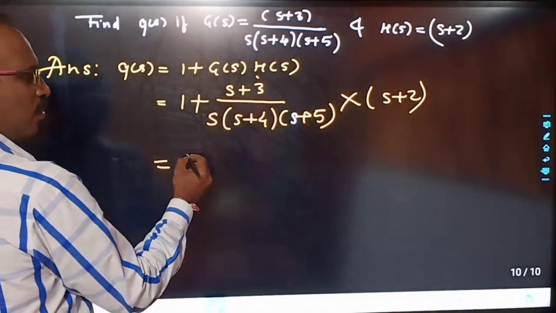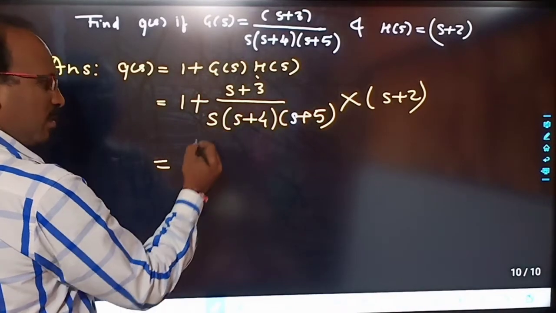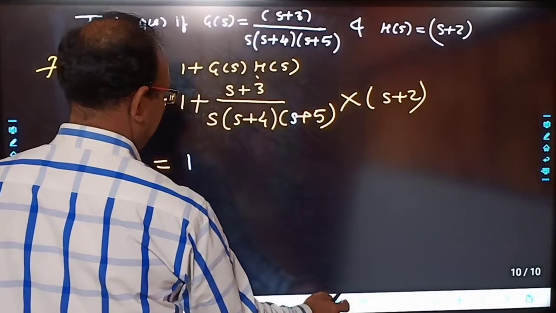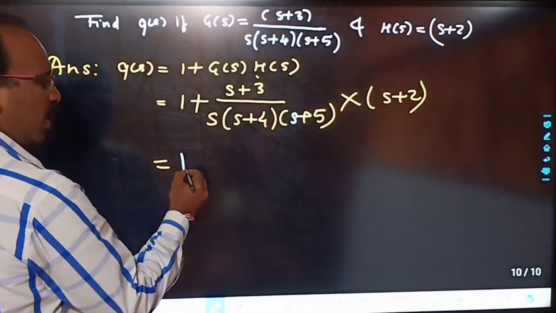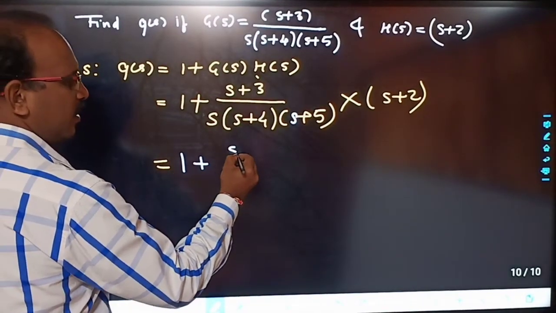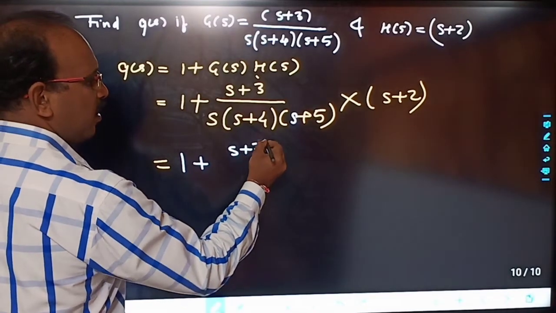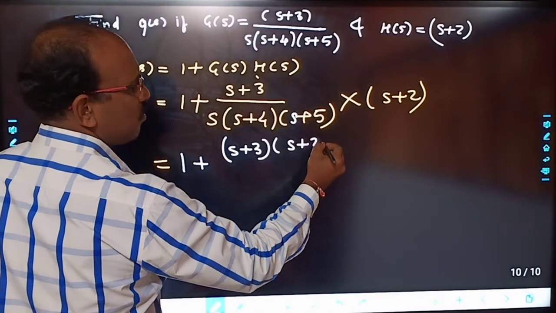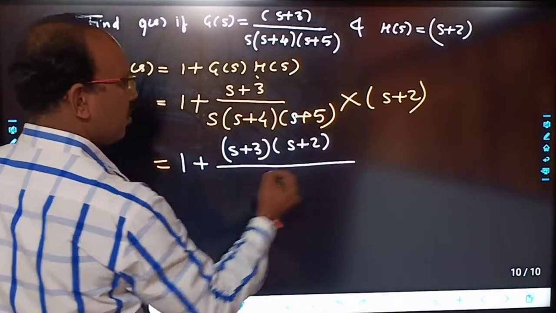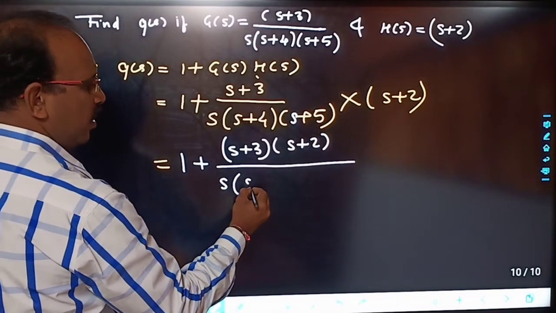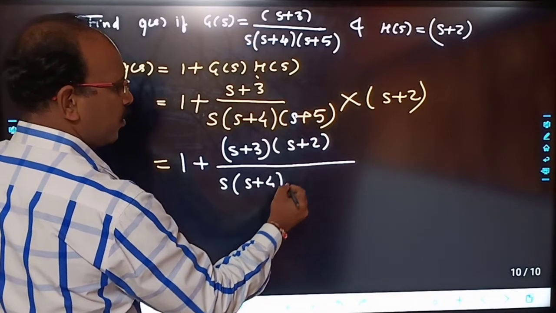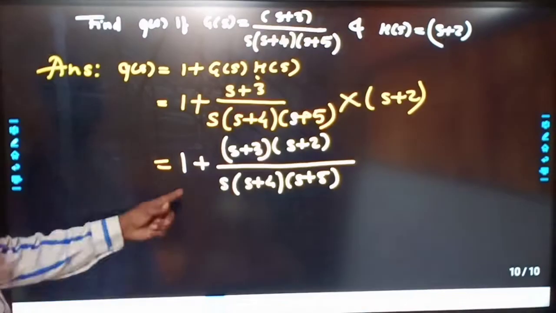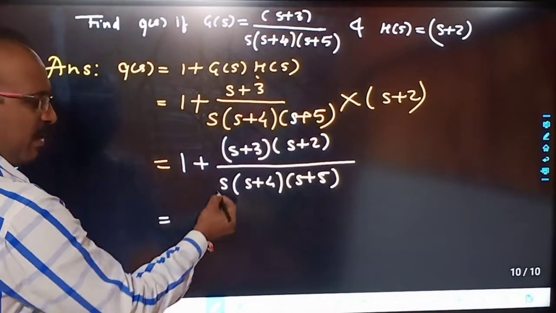Equals to, I take the LCM of this. First I will take 1 plus S plus 3, multiplied by S plus 2, upon S into S plus 4, S plus 5. Okay. So again we take the LCM. The LCM is what? This thing.